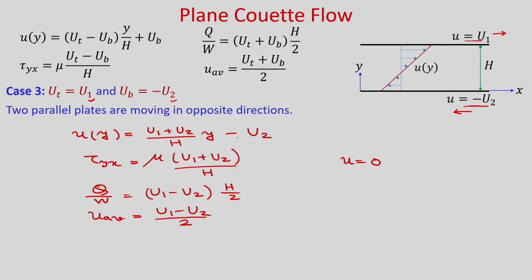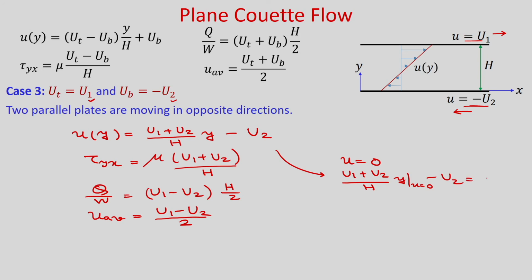Now you can see in this particular case, obviously inside the flow domain somewhere the velocity will become 0. Let us find at what distance y the velocity is 0. If you put u equal to 0 in this expression, it will be (U1 + U2)/h y minus U2 equal to 0.